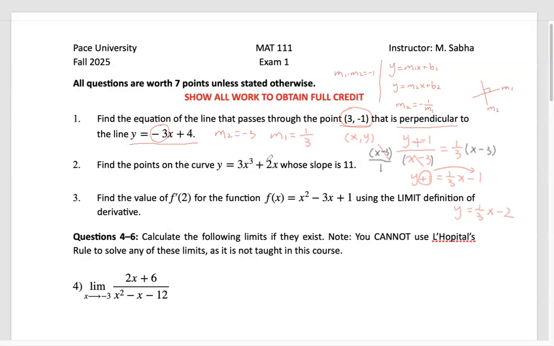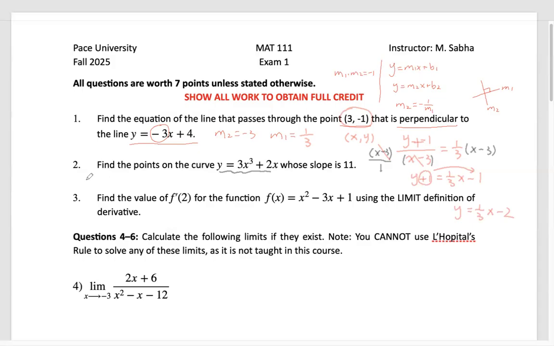All right, that's for the first type of questions. For the second type, we want to find the points on the curve. So this is a polynomial of degree 3, and the slope is given as 11.